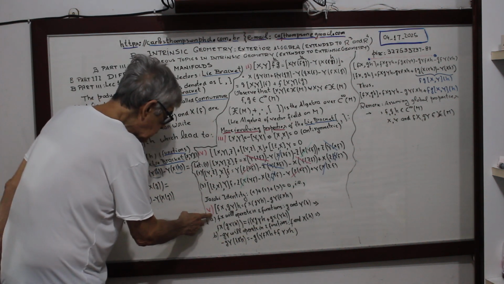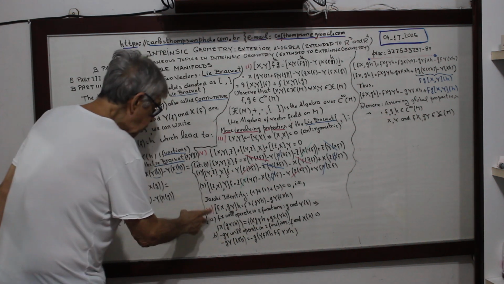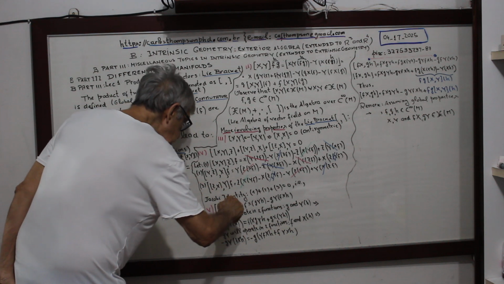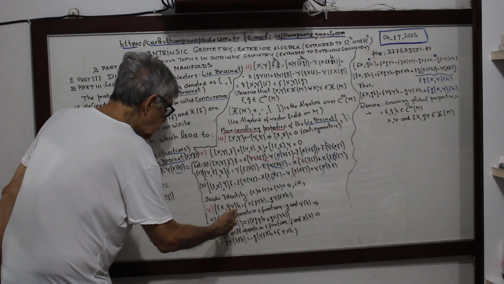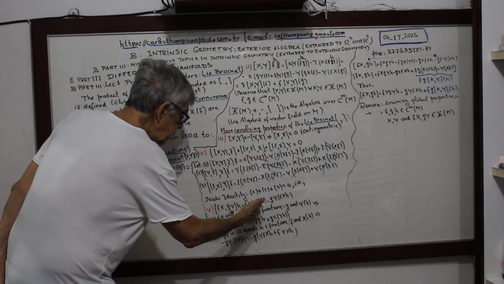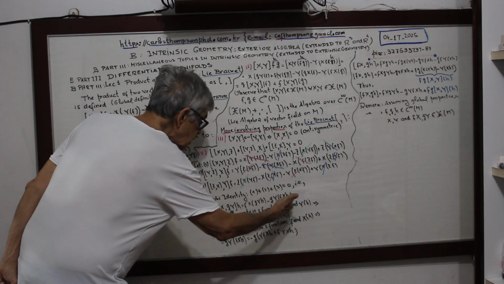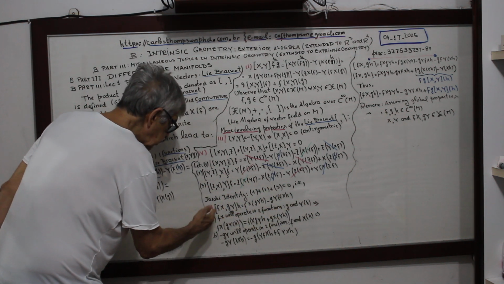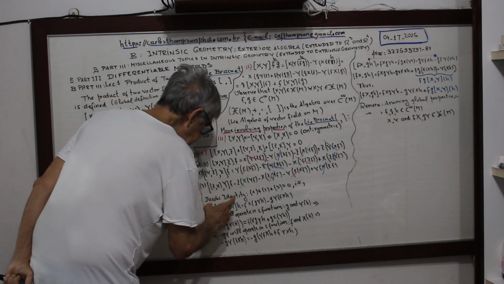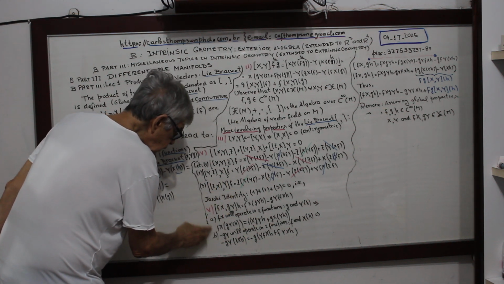Now, property 5. F of x, g of x applied to only a single function. Again, you apply the definition and see on the right-hand side. See, easy. Now I can work with two terms.